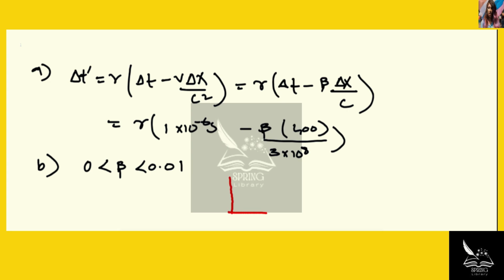So let's say on the x-axis we have beta, so this is 0.01, this is our 0, and this is 1. This is our Δt'. Then the line will be straight here, constant up to 0.01.